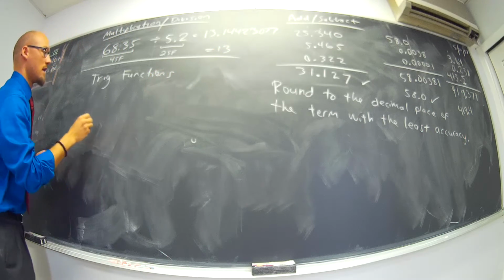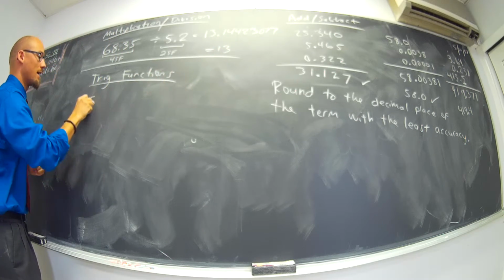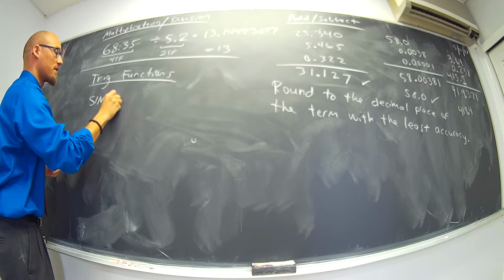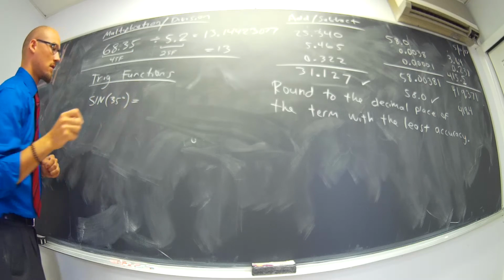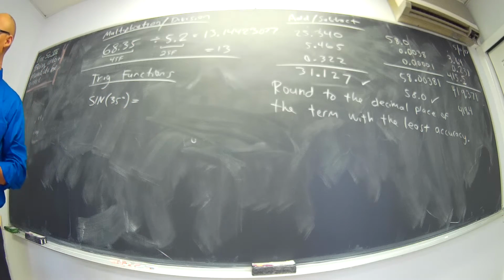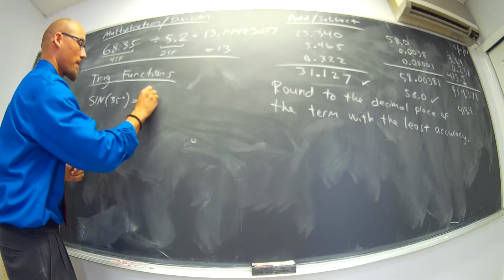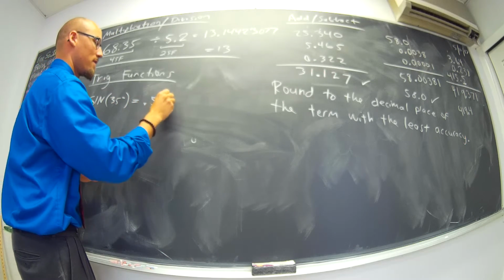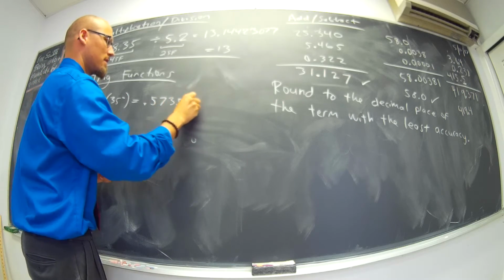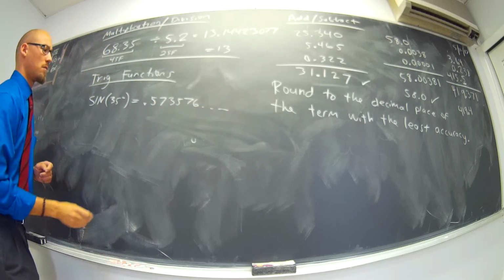If you do the sine of 35 degrees, what's the answer to that? Sine 35, if you're in degree mode. 0.5735776, 0.57357436, blah blah blah.